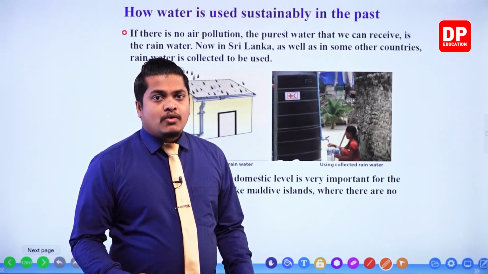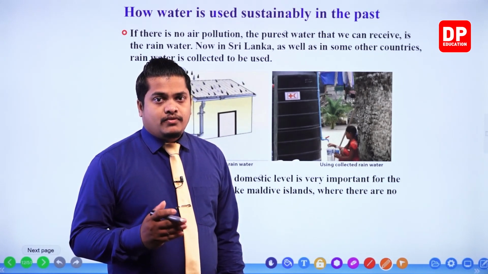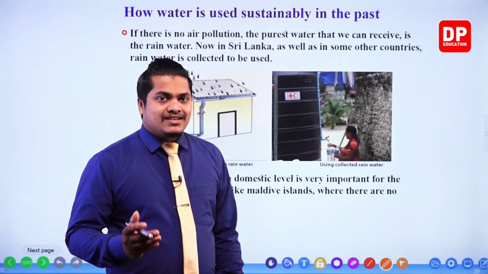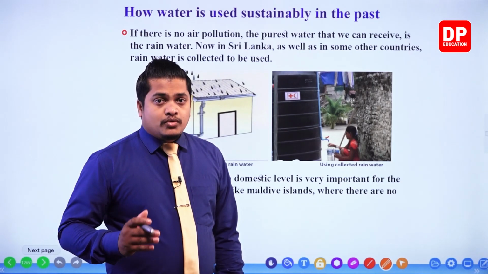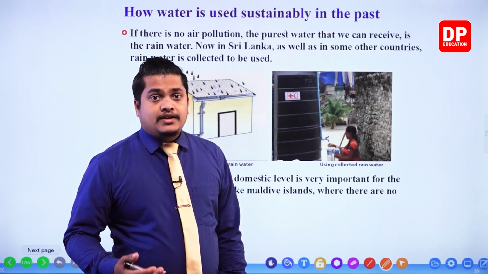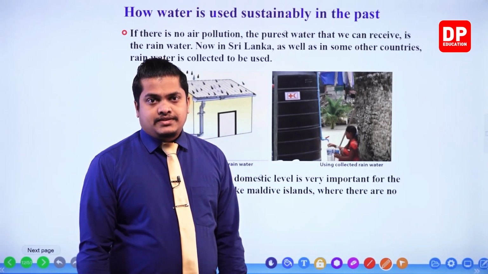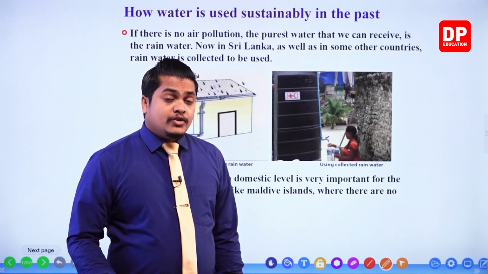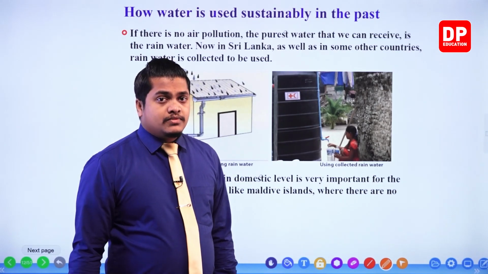That's why even the kings built those kinds of tanks and other streams. Those collected rainwater as much as they can, so that the people can utilize the water during the dry season.